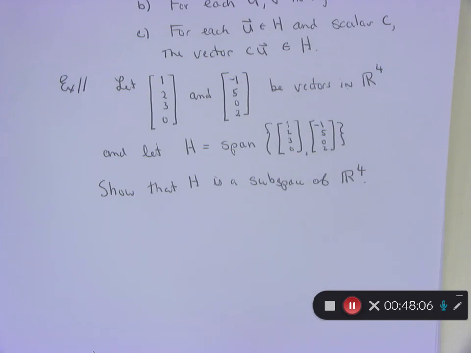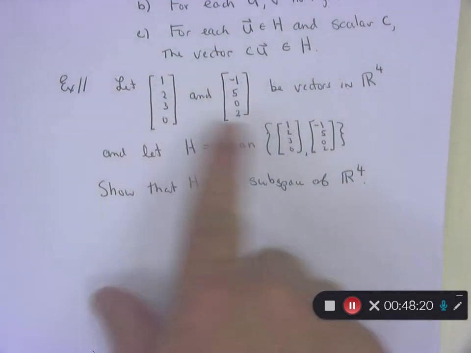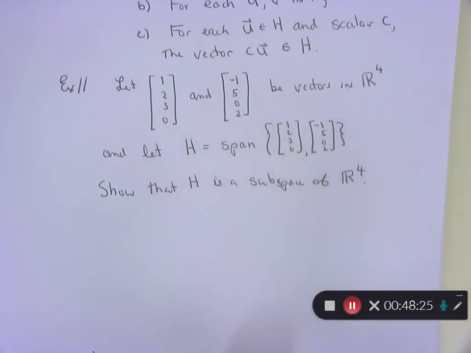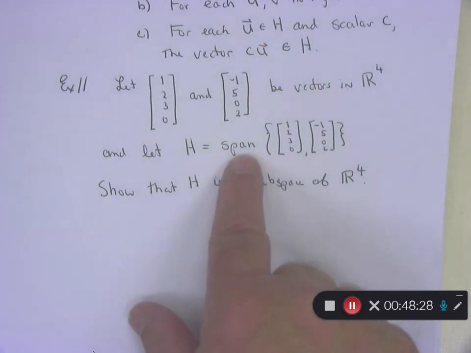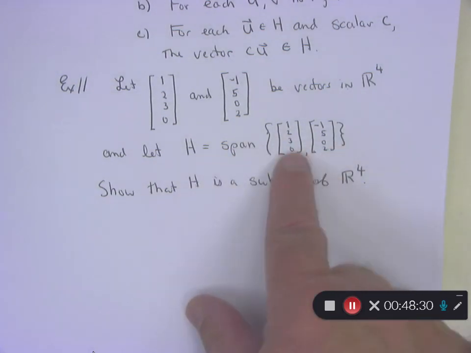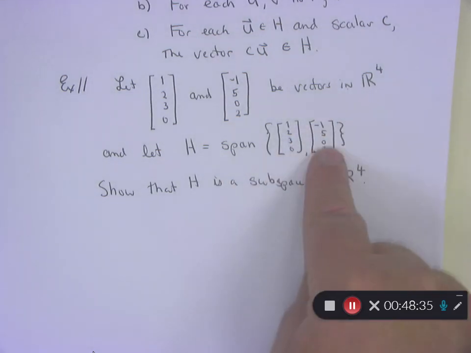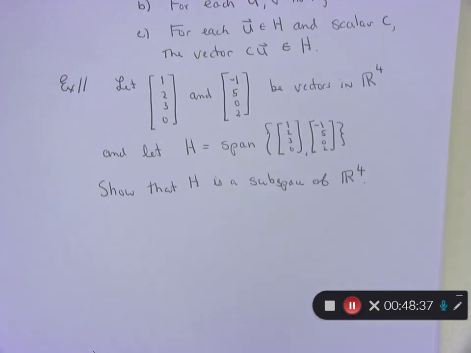I'm going to talk about the span. Span means linear combinations. Now let's talk about that word. What is a linear combination? Yes? All right, so to be inside the span of these two vectors, you can multiply any scalar times the first vector plus any scalar times the second vector, and whatever that covers is, quote unquote, the span of those two vectors.